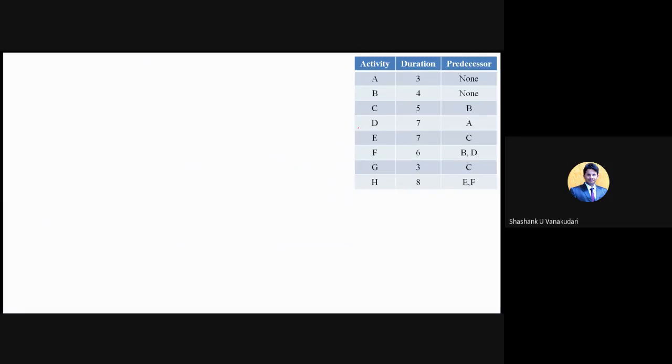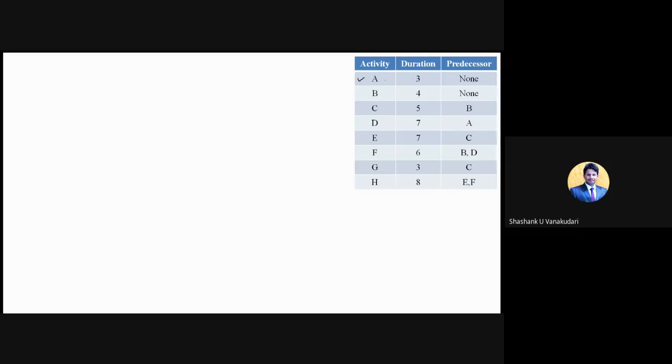So these are the conditions they have given. For every activity, you need to check the predecessors. That is how it depends. How these activities come depends upon these predecessors. Now the first activity, activity A, has a duration of 3 days and the predecessor is none.